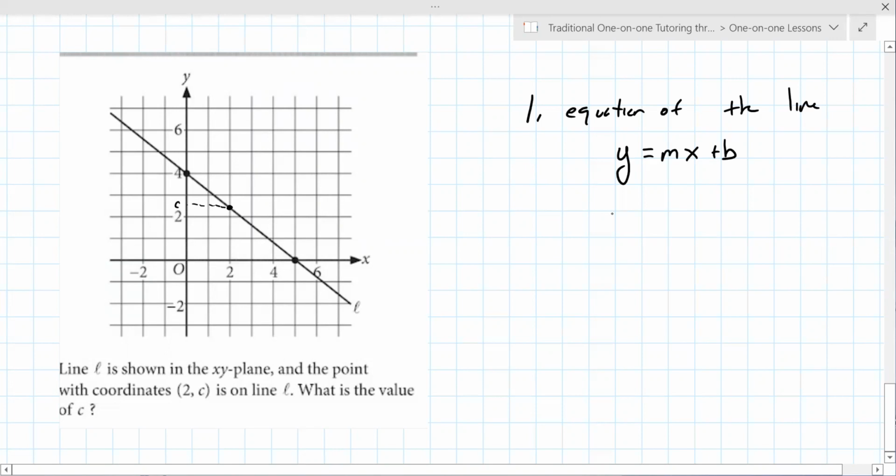So your b is 4. I'll let you figure out the slope here. But once you get those values, you just have to substitute x equals 2 into the equation. So I'm asking you to calculate the slope, then to put 2 into the equation and tell me the result for y.